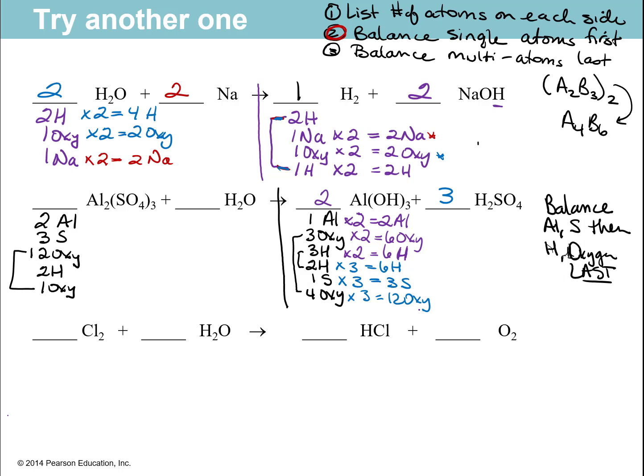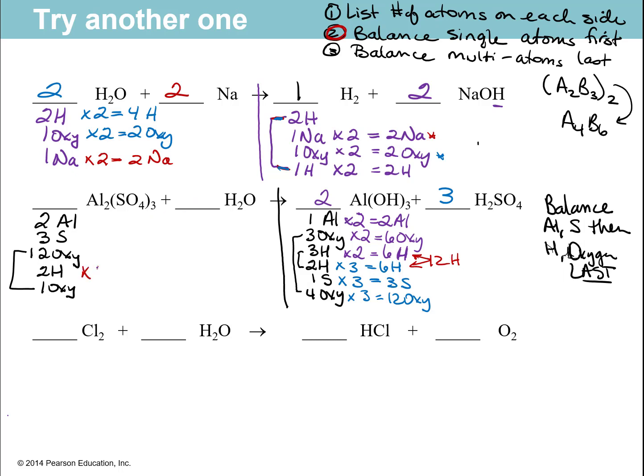Now I have to check the hydrogens. On the left side, how many hydrogen? 2. On the right side, how many hydrogen total? 12. Does everybody see this? I have 12 hydrogens total, and 2 hydrogen on the reactant side. So I have to increase the smaller number. What do I multiply it by to make 12?